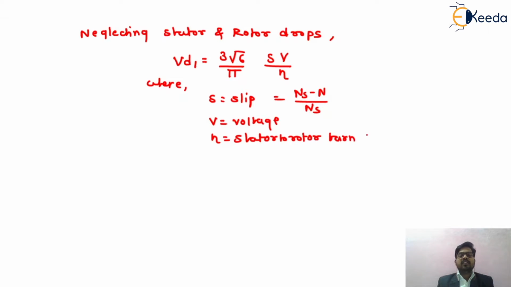So this is the first equation. Why do we multiply by 3 into root 6 by pi? Because it is a three-phase diode rectifier. So this is equation number 1.